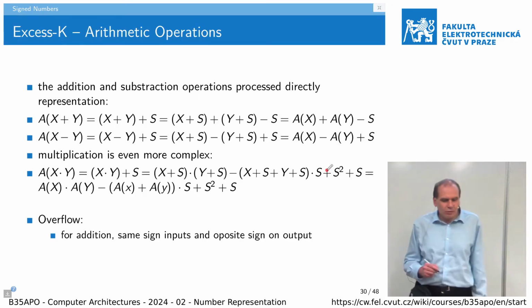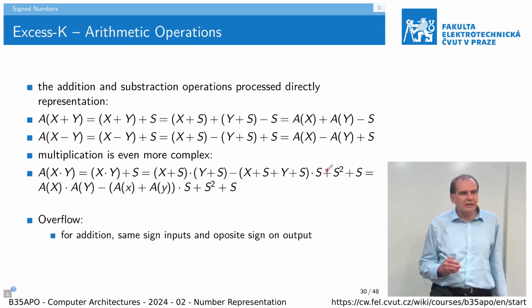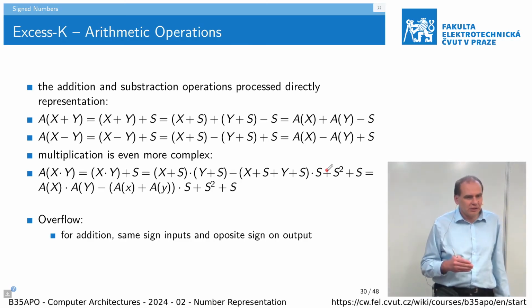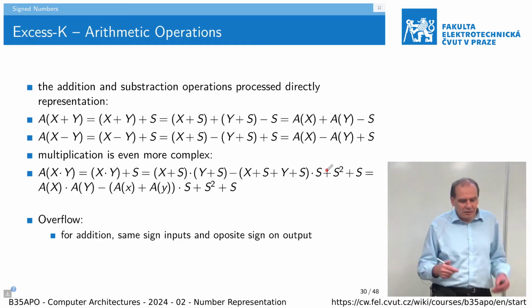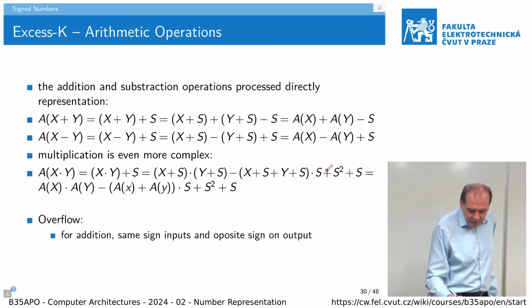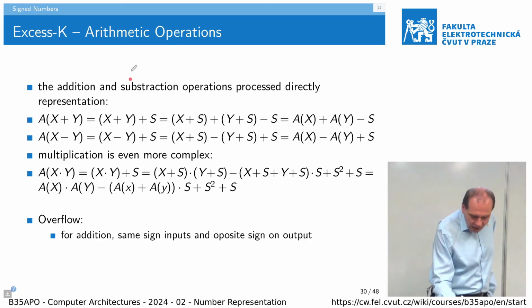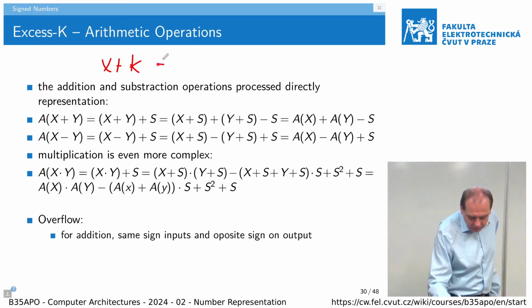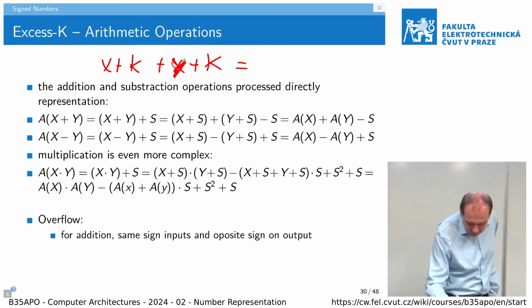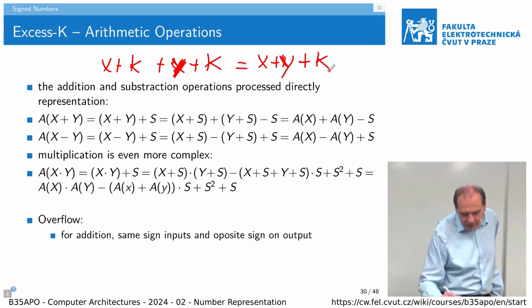And if we want to do addition using unsigned addition for the excess k representation, then in fact it adds two values where k has already been added. So we have x plus k plus y plus k, but we should get x plus y plus k in the representation.